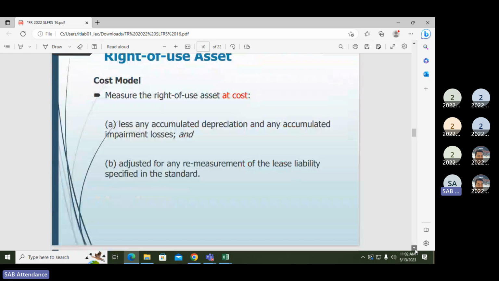So in a finance lease, the lessor should de-recognize the original asset. If you enter into a finance lease transaction on a motor vehicle owned by the business, you should de-recognize the motor vehicle because the risk and reward transfer, right? So it's no longer an asset of the business. This is what is applicable for banks and finance companies when they lease out motor vehicles.